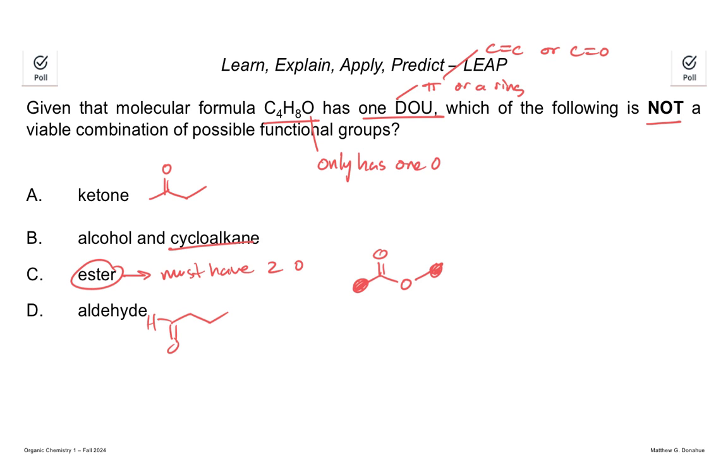Now here, cycloalkane, that would be the degree of unsaturation. So we could draw a cyclobutane, and then the oxygen would be part of an alcohol. For that, you could draw other constitutional isomers that have a ring, and I encourage you to do that and then name the functional groups present.